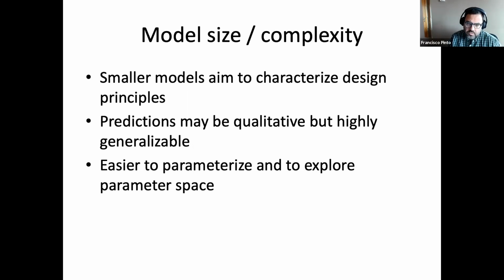Normally those smaller models, or sometimes people call them toy models, are very useful to characterize design principles. That is, trying to understand why the system is designed in a particular way. And further in this course, we will examine several examples of using these toy models to explore design principles of biological systems.